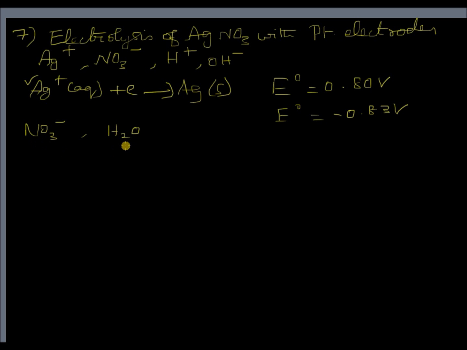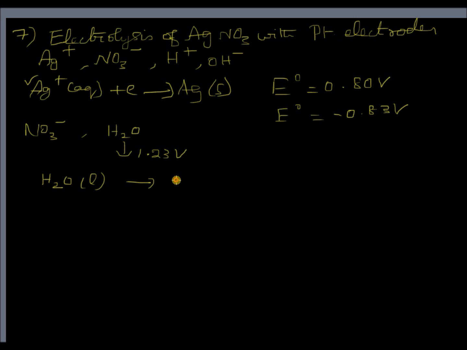Now oxidation of water requires 1.23 volt as per the E naught value, but you know that due to overvoltage it requires a higher voltage than this for oxidation, but still the voltage that is required for the oxidation of water to oxygen is less than what is required to oxidize NO3- ions. Hence the product would be only oxygen by the oxidation of water at anode.